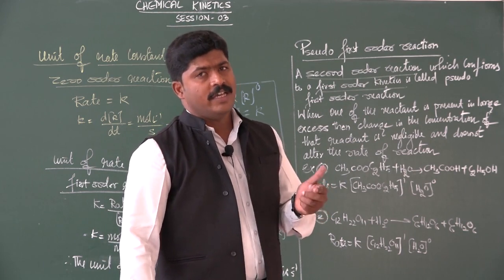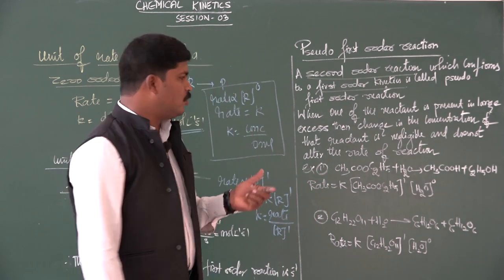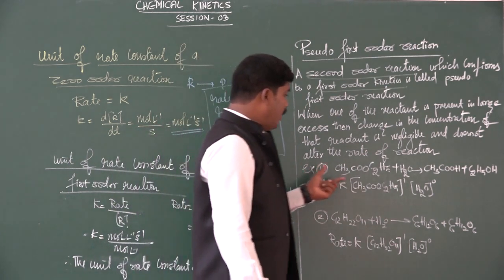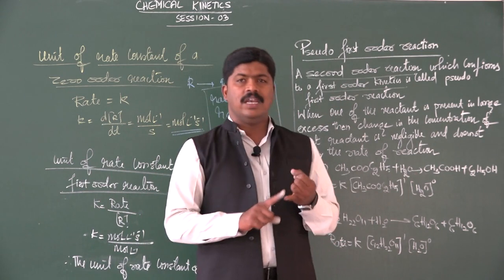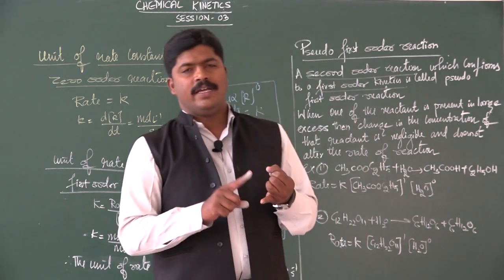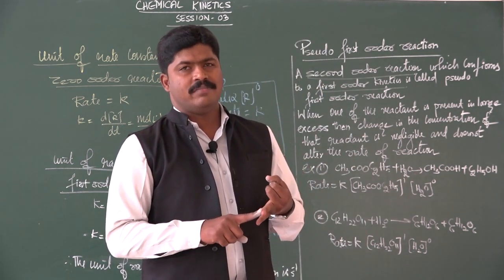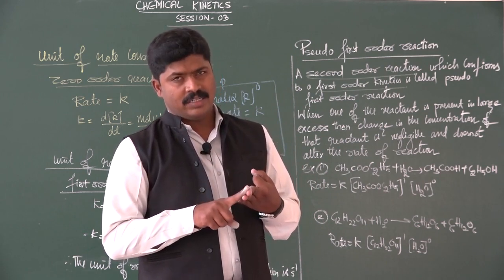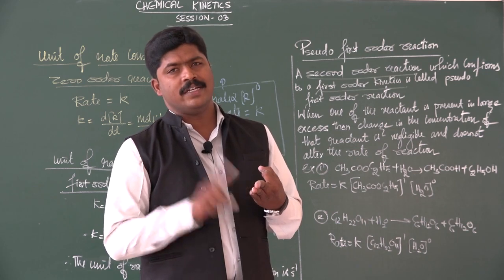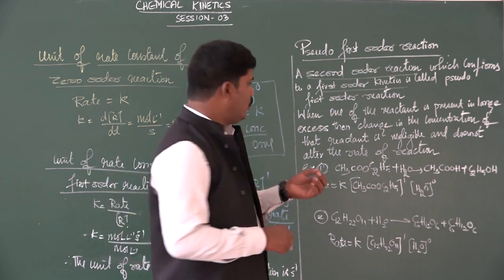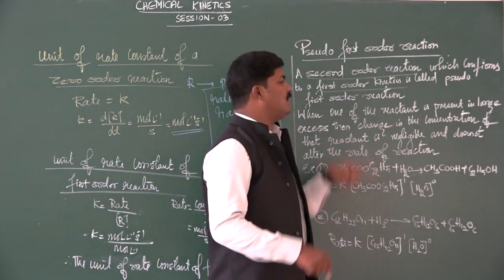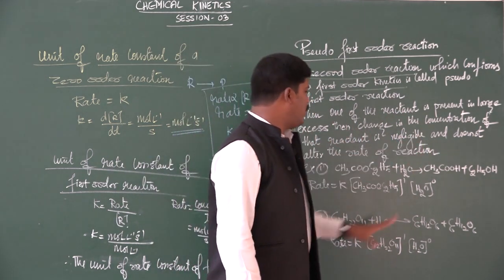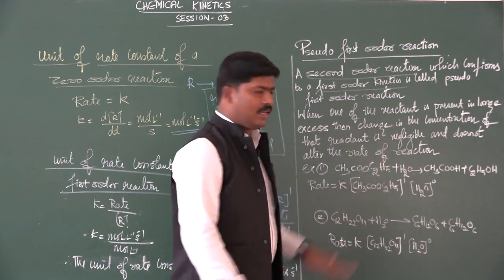Let us go back to the practical aspects. So it has no right to decide the rate of the reaction. That means one of the reactants is either in larger extent or its concentration has remained the same. In other words, it has not taken part in the reaction, and therefore it has no right to decide the rate of the reaction. Therefore, when one of the reactants is present in large excess, the change in the concentration of that reactant is negligible.